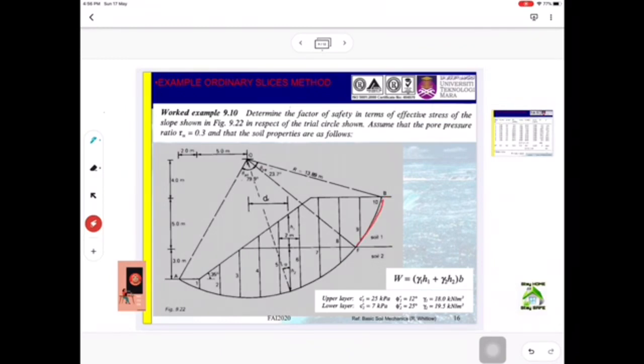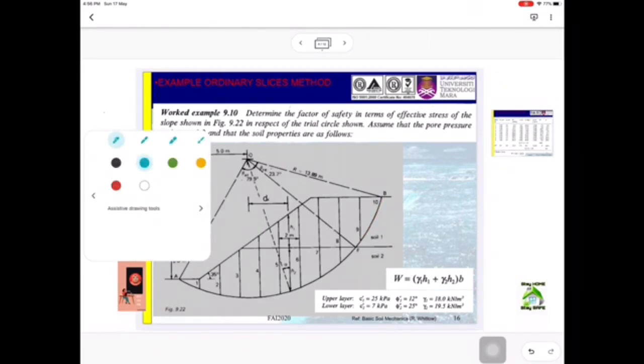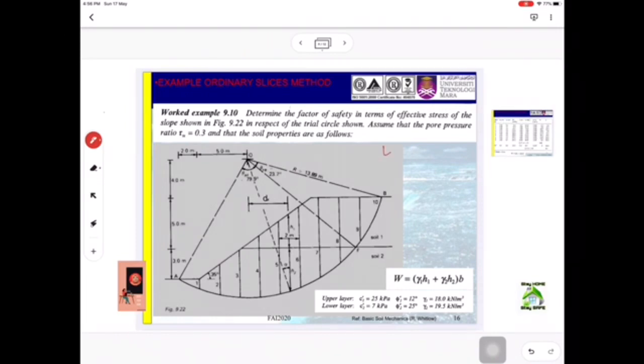For layer 1, the outline is FB only. So for layer 1, the strength is only along length FB. And the theta is FOB.